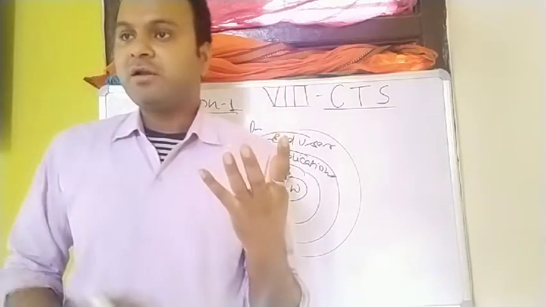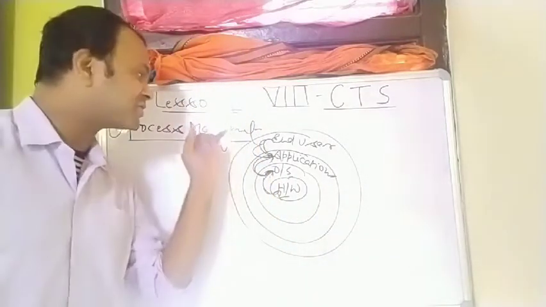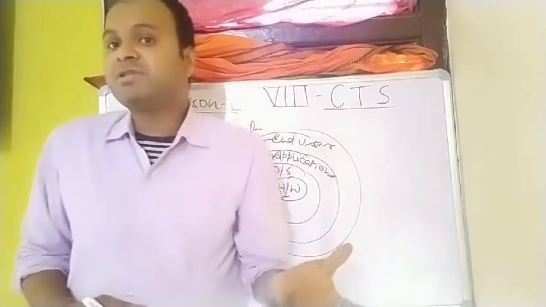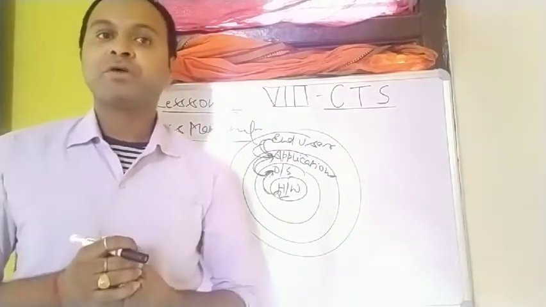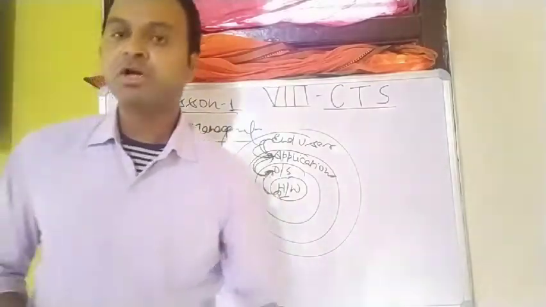Who will manage, who will organize, who will control? Your operating system will control it, enabling the processor to give enough space and time to process one application or one process on the computer system.